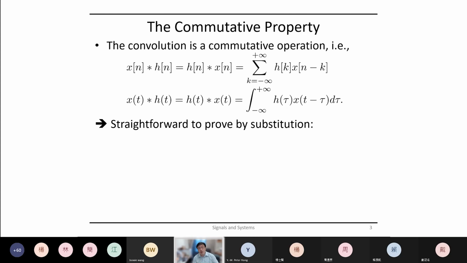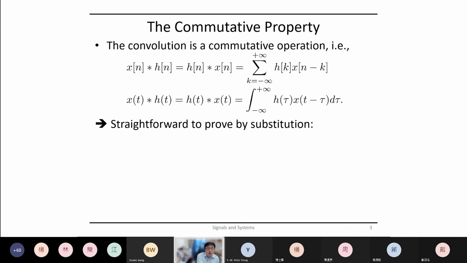And there are also system implications because of this. Starting from the commutative property, this says that the convolution of the sequence x of n and h of n is equal to the convolution of h of n and x of n. Similarly for the continuous time case as well. So you can switch the positions of this convolution and you will get the same result.